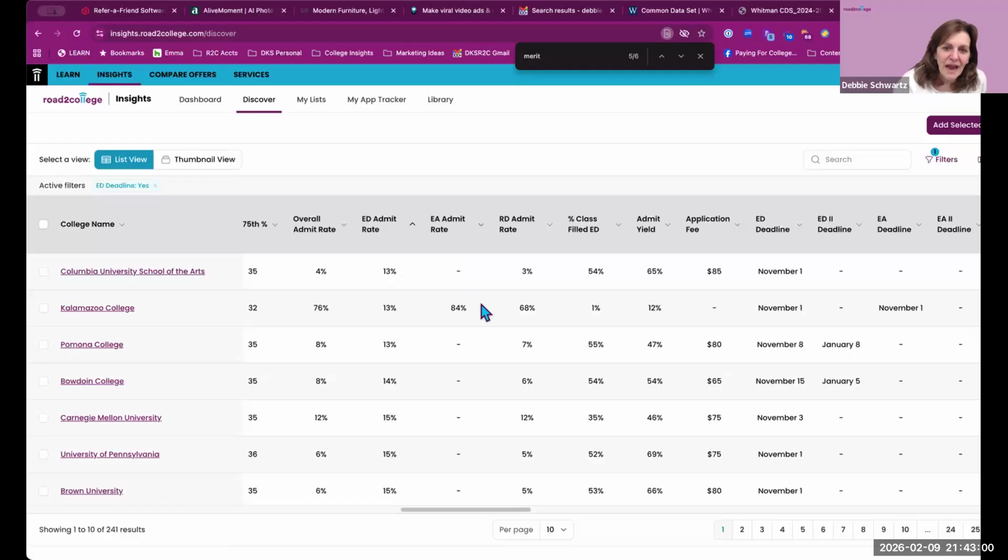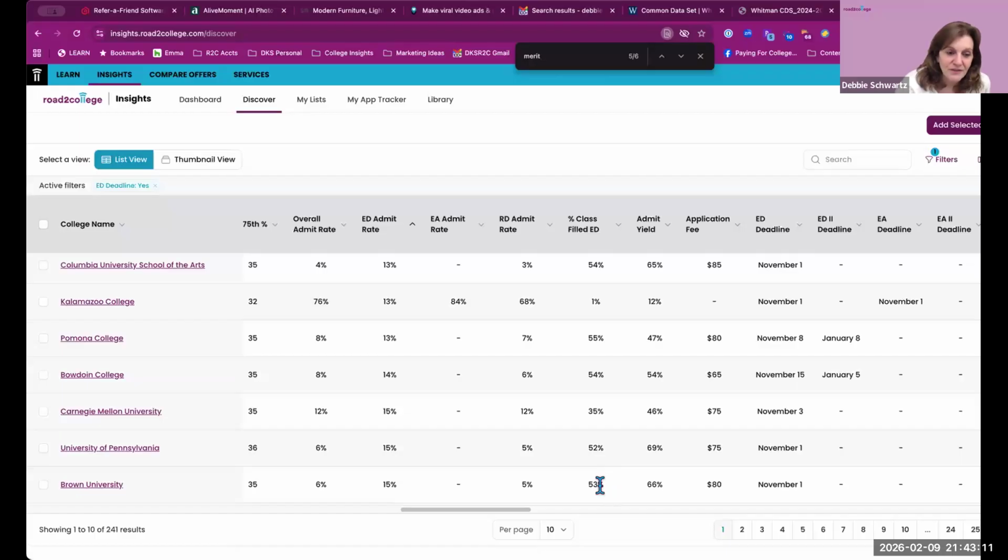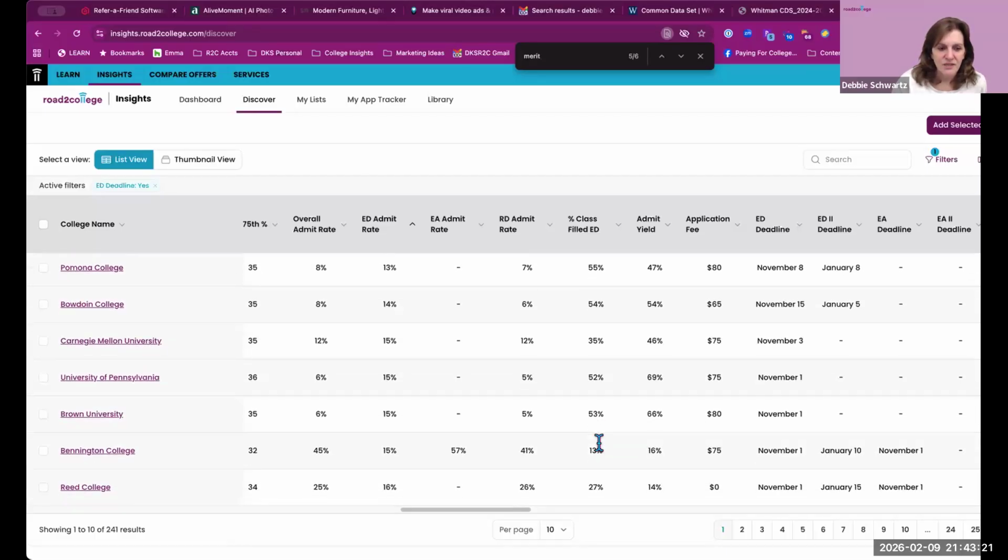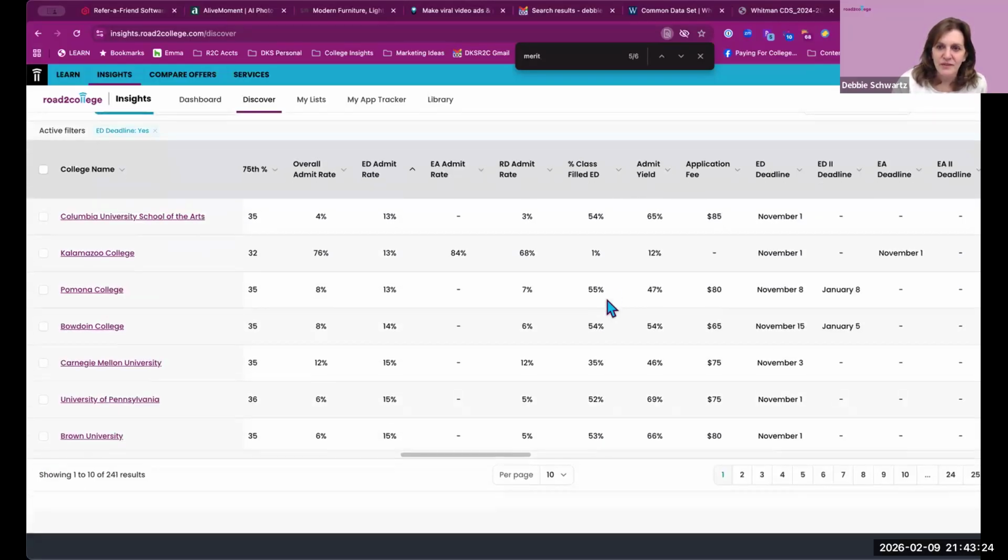They also offer early action, and they're hardly accepting much of their class early decision. But if you look down here, you can see a lot of the selective schools are taking over 50% of the class early decision. Carnegie Mellon is offering early decision, but they're taking a third of their class early decision. So it's just important to understand these numbers.